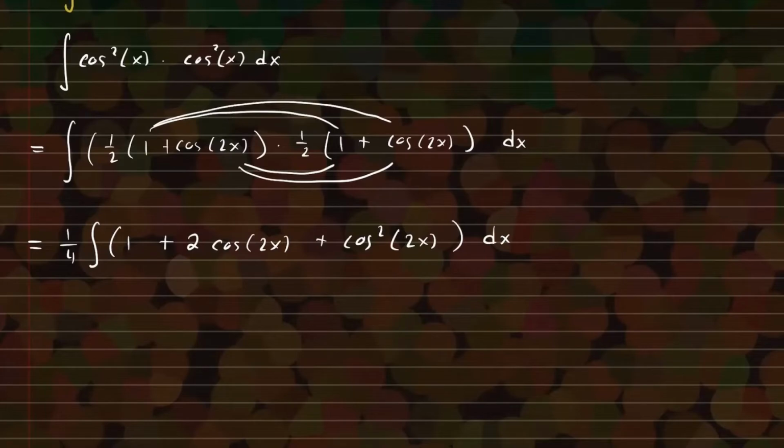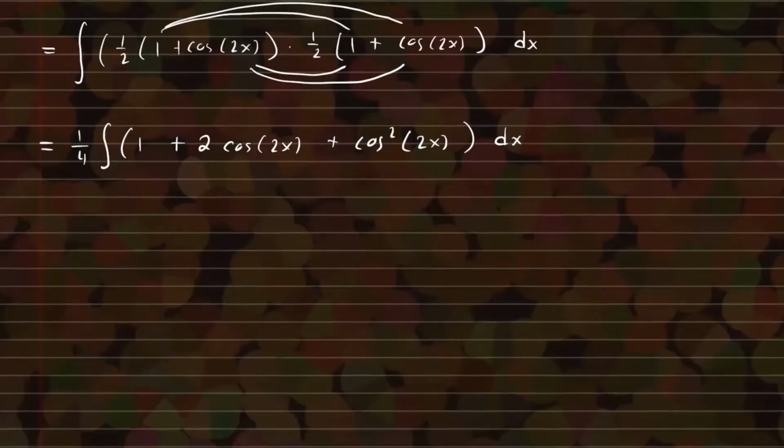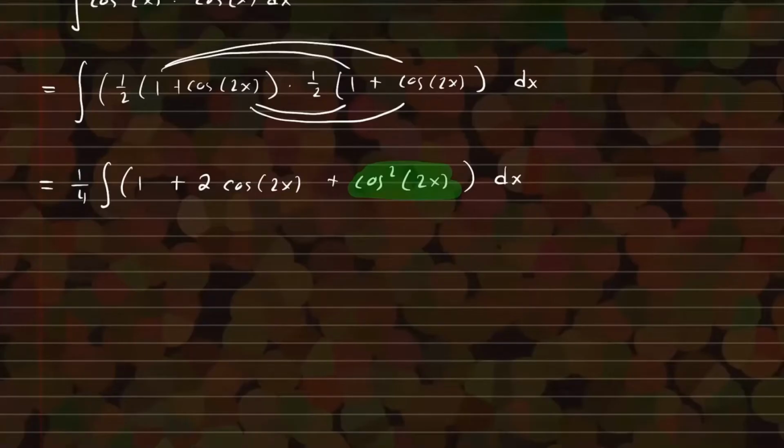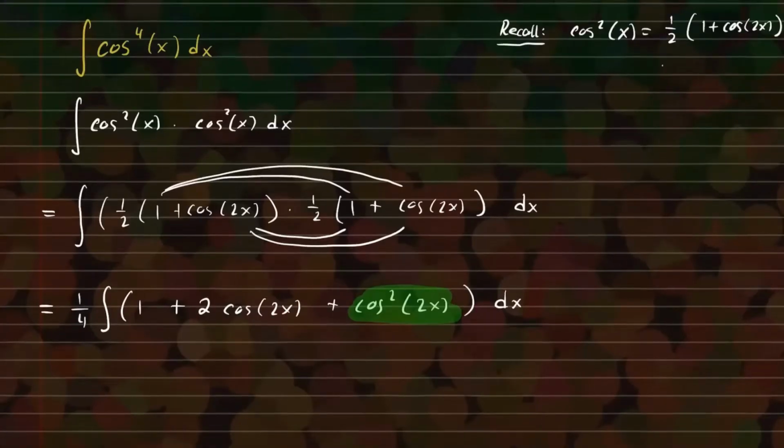Now you see that this term appears here again, so it looks like we're going to end up using this identity one more time. We're going to replace that right here. We'll have to make a slight change, because that's the identity for cosine squared x, and this is cosine squared 2x.